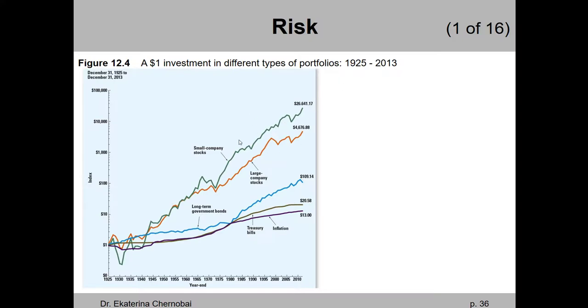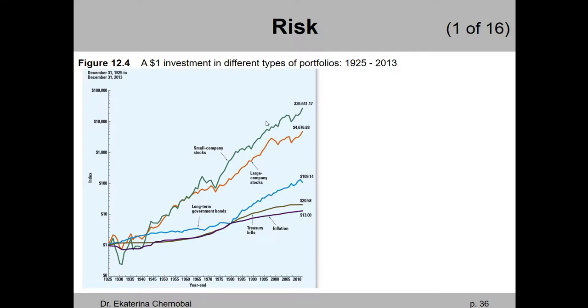And in the earlier slides in this chapter, we saw how the fact that the small company stock line, the green line, is the steepest implies the highest return that was earned on average every year. The second highest average annual return was for the orange line, the large company stocks, and so on.